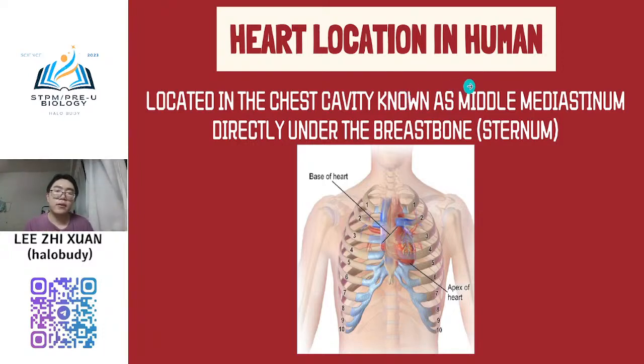There are very rare cases, but still there is the possibility that the human heart is on the right hand side. So in an examination, you cannot write that your heart is at the left hand side. You cannot write like this. If you write like this, wrong.